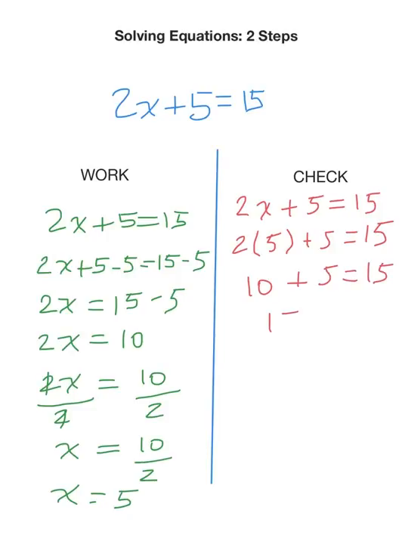And 10 plus 5 is 15, equals 15. As we can see, left side equals right side. So when we let x equal 5 and put 5 here instead of the x, our equation 2x plus 5 equals 15 is correct.